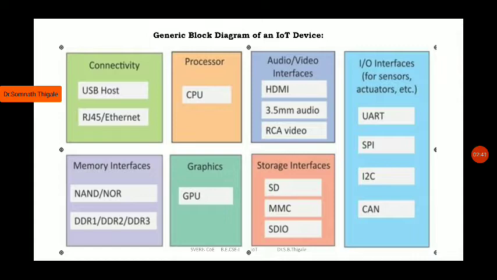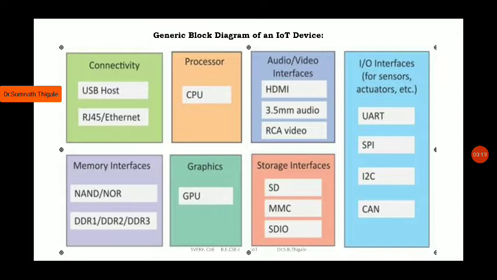Let's focus on the first part, the IO interface, that is the input output interface for sensors and actuators. All the sensors and actuators will be connected through this IO interface. The first is UART, which stands for Universal Asynchronous Receiver and Transmitter. Second is SPI, Serial Peripheral Interface.